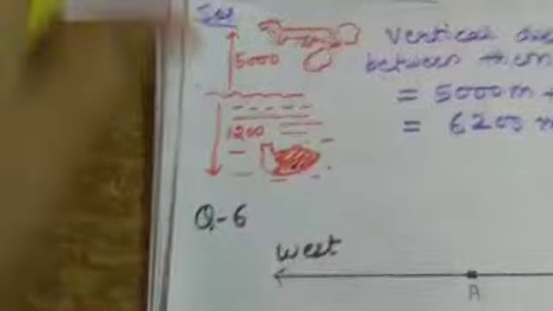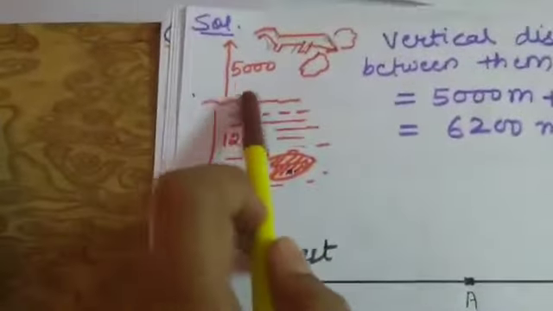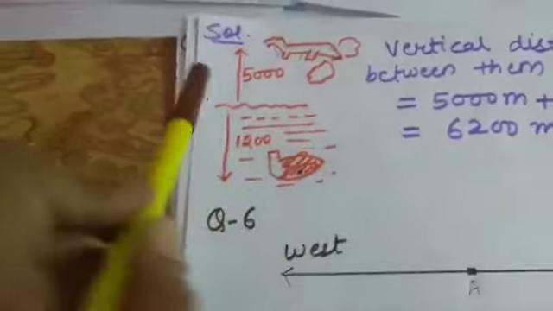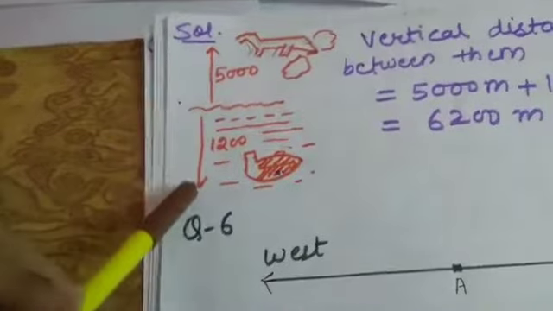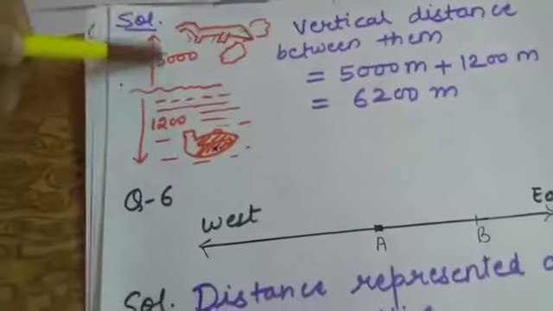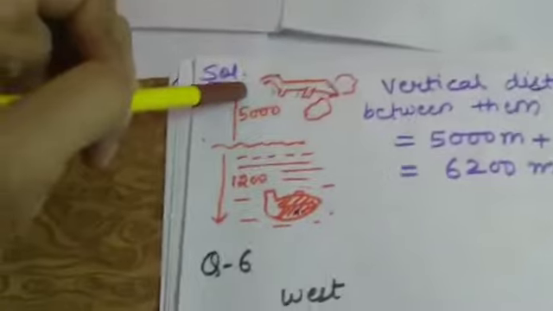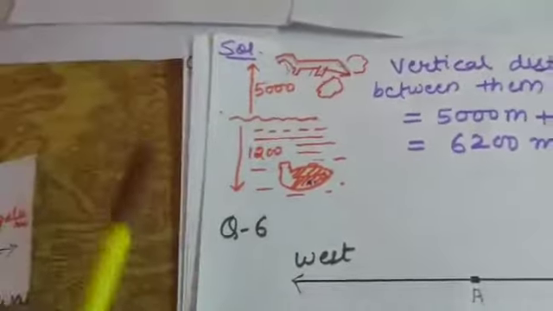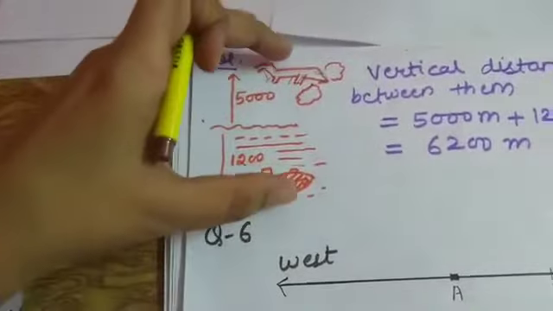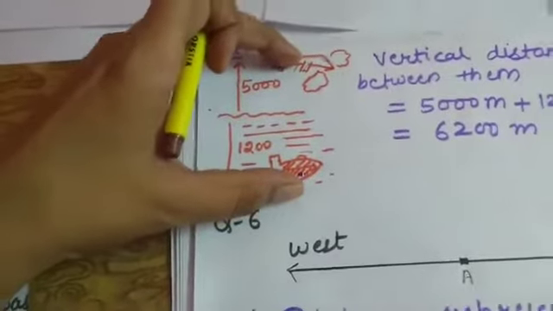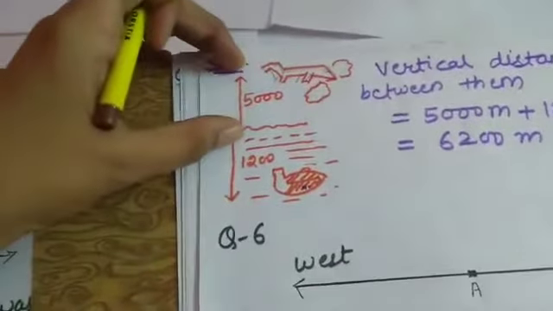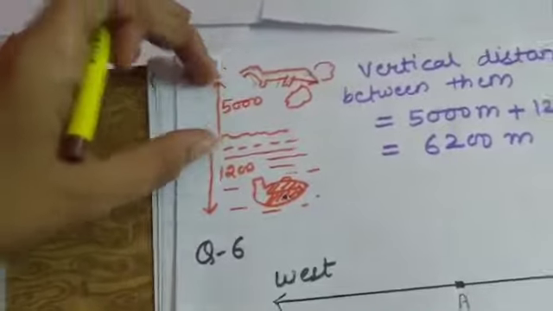Let's discuss the question on the diagram given. This is the sea level. This is the submarine and it is floating 1200 meters below the sea. There is a plane that is 5,000 meters above the sea level. So you have to find the vertical distance between these two, and their distances are also given from the sea level.